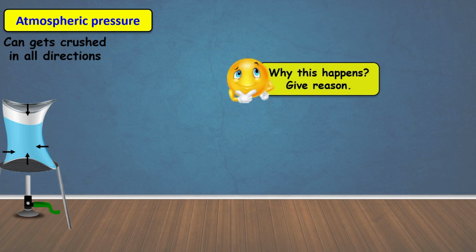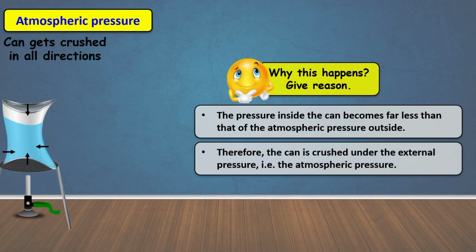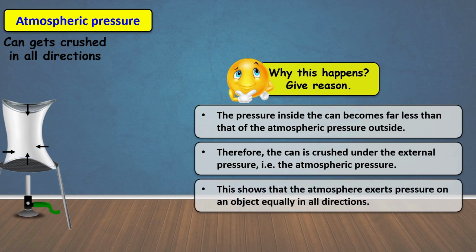Why does this happen? Do you know the reason? Because the pressure inside the can becomes far less than the atmospheric pressure outside. Therefore, the can is crushed under the external pressure, that is the atmospheric pressure. This shows that the atmosphere exerts pressure on an object equally in all directions.